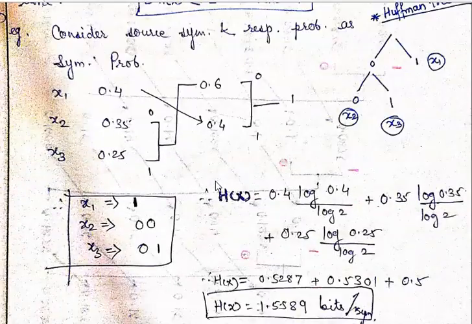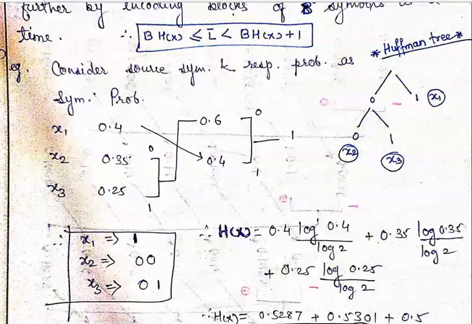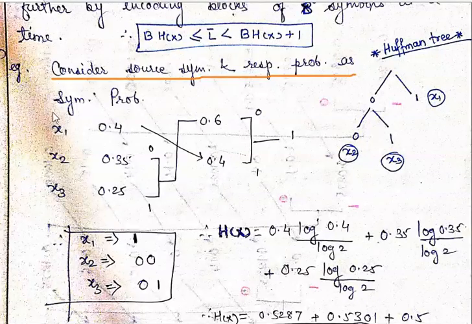This is one of the examples mentioned. In this particular example, it is mentioned that consider a source symbol and respective probabilities. So probabilities for x1 it is 0.4, for x2 it is 0.35, for x3 it is 0.25.